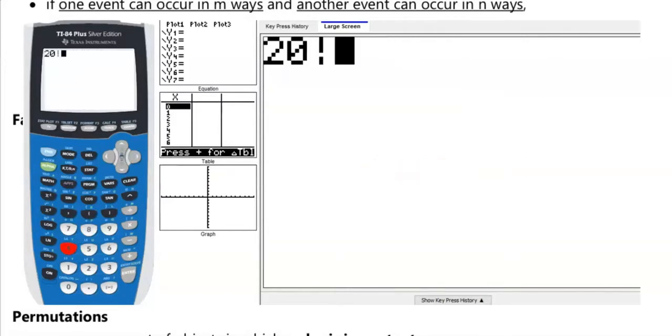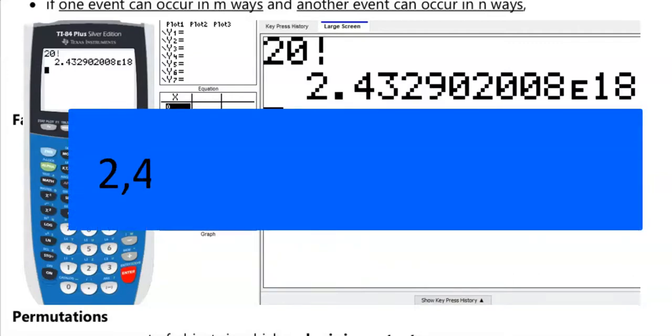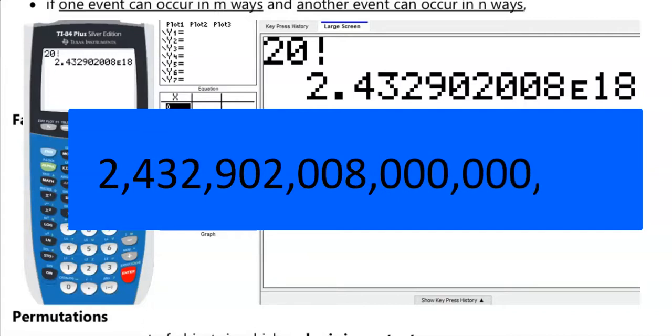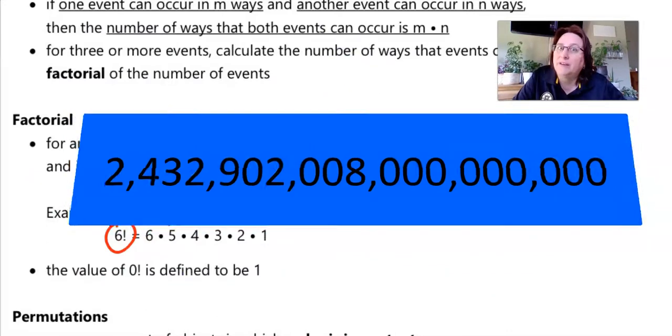So if I hit 4, on my calculator it's going to say 20 factorial, and I hit enter, and it gives me this number of 2.43, blah, blah, blah, and then it says e to the 18th. Hey guys, that means that I have to move the decimal place to the right 18 spaces. That's a pretty big number, isn't it?